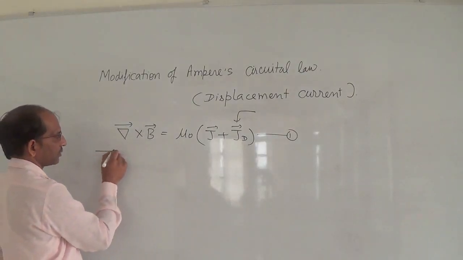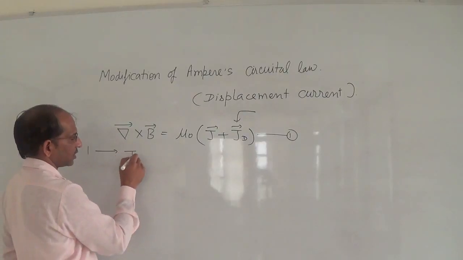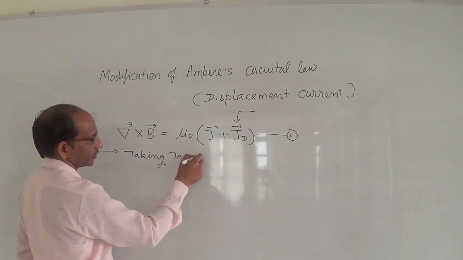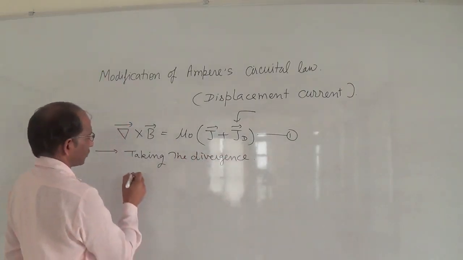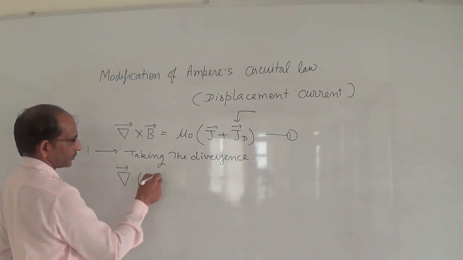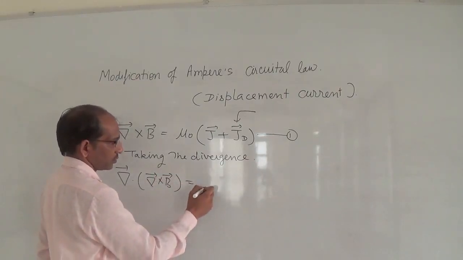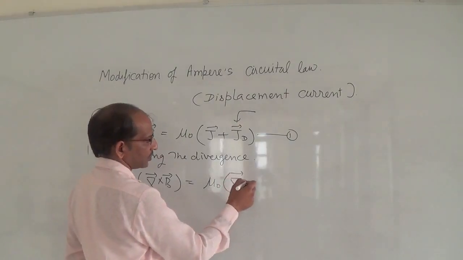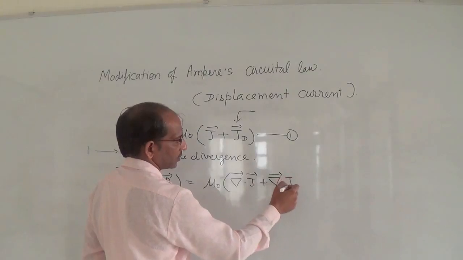So now we are taking the divergence of this equation. So the first step is taking the divergence of both sides. We found del dot del cross B is equal to mu naught del dot J plus del dot JD.